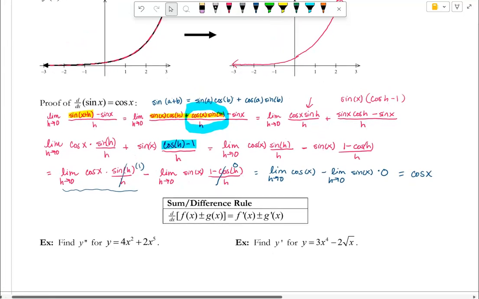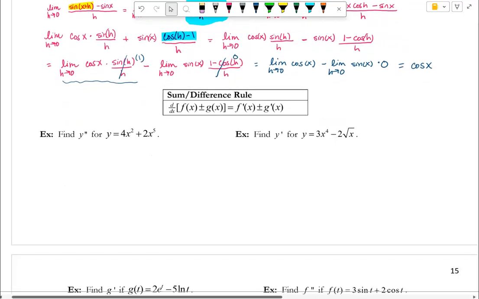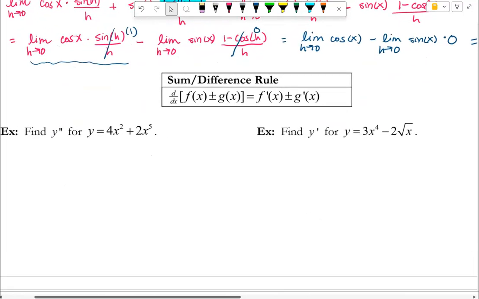So do we really want to have to do that much work? No, we absolutely don't. So all that to say, we want to memorize these basic derivative rules here. Okay, we also have a rule for a sum and a difference. So similar to working with limits, we know that the limit of a sum is a sum of limits, or the limit of a difference is a difference of limits.